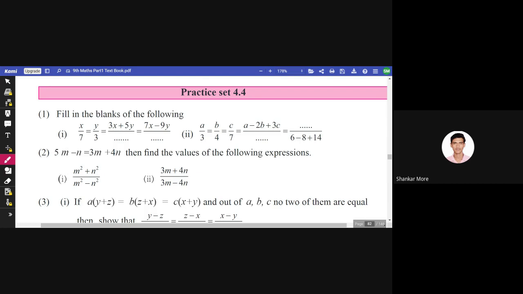But 27 is what? Positive or negative? Is it positive or negative? It is negative.